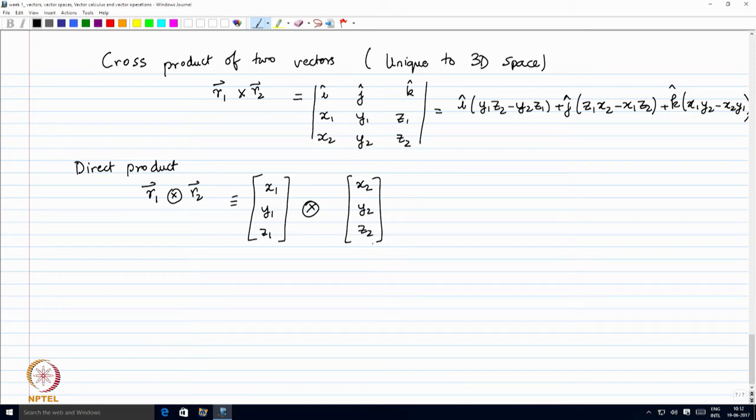Notice I have denoted r1 and r2 as column vectors.